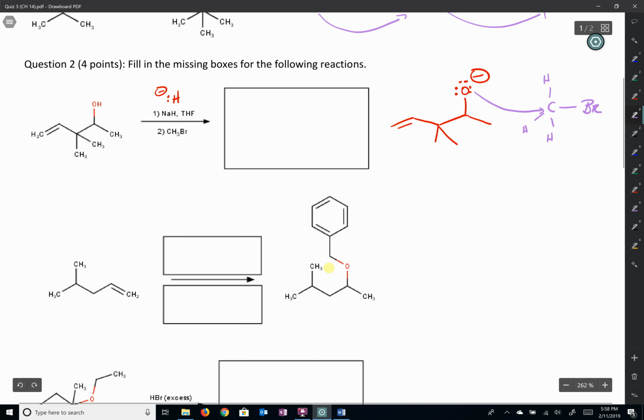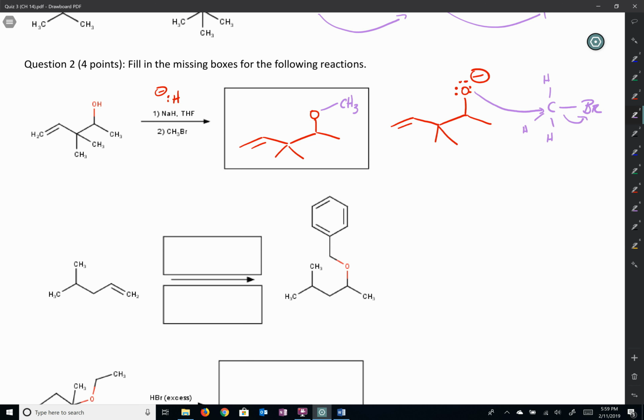We're just going to do an SN2 reaction here. Then we end up with an ether. So these are our conditions for a Williamson ether synthesis. We deprotonate an alcohol using sodium hydride or some strong base, and then we put in a primary or a methyl halide or primary or methyl leaving group to make an ether from an alcohol. Okay? Excellent.